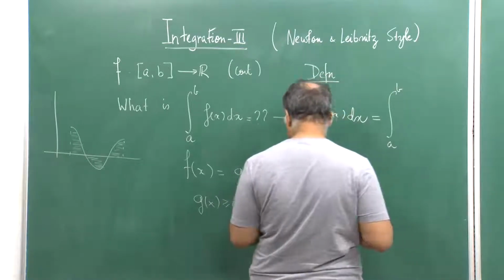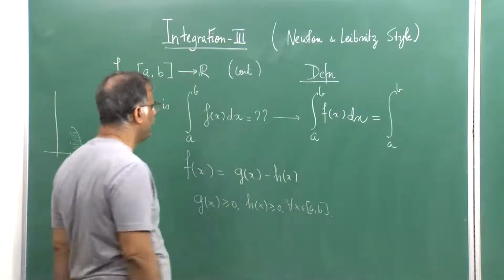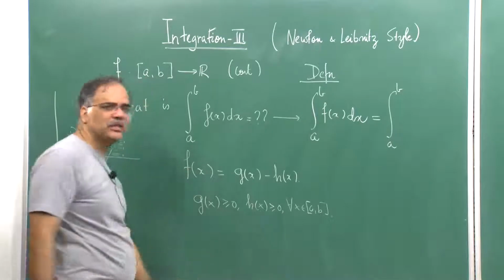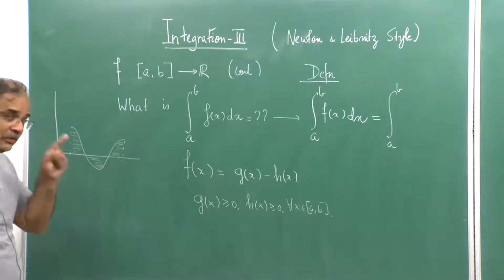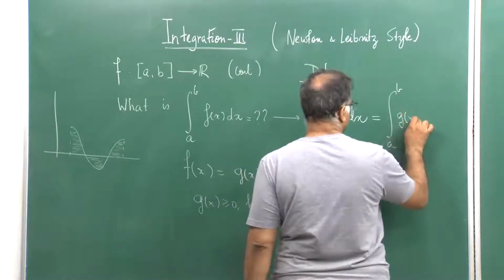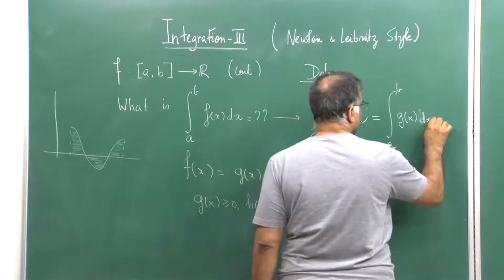Now we know how to evaluate the integral of a non-negative function. So if I take the difference of the integrals, we define it as the integral over [a,b]. It's a definition, by the way, please understand this. If I define it in this way, a lot of things start making sense.